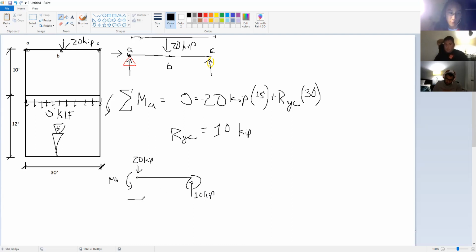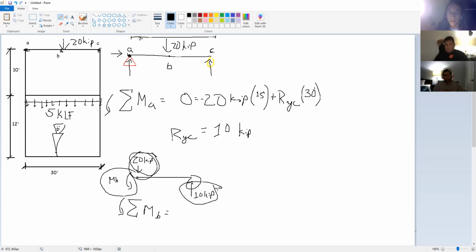Now I'm just going to take the moments at B, counterclockwise. This is already a moment, correct? Yeah. So we're going to take the summation of moments. We can either take actual moments or forces times distance.